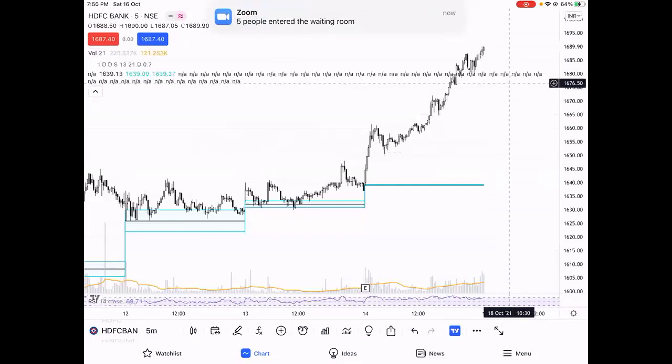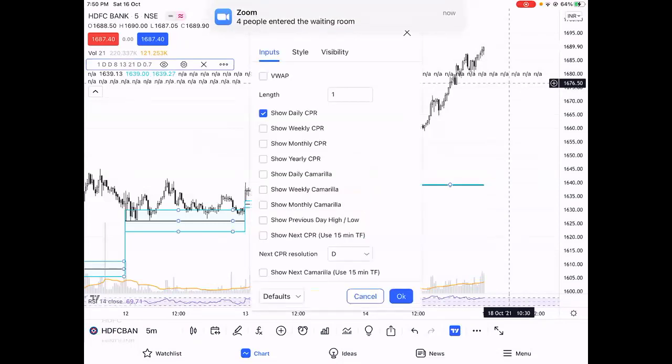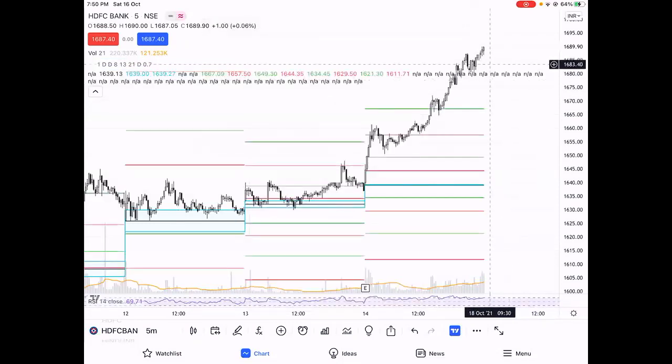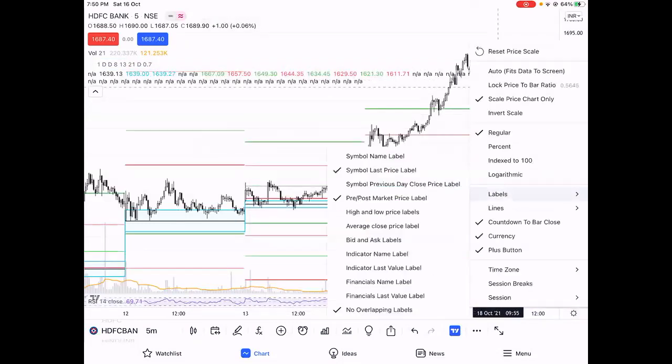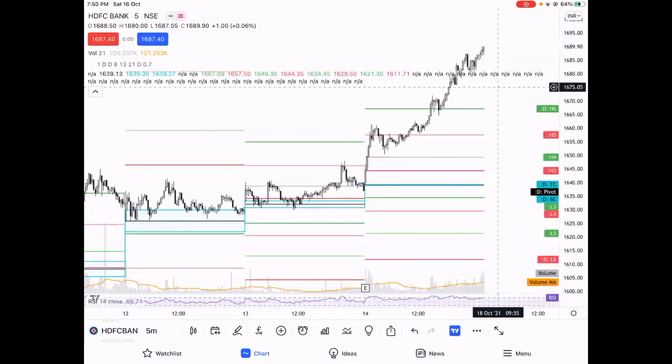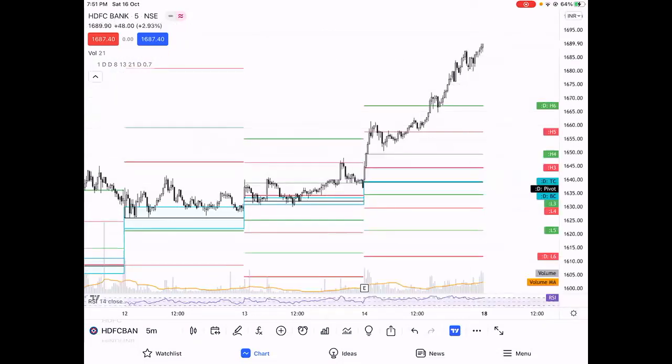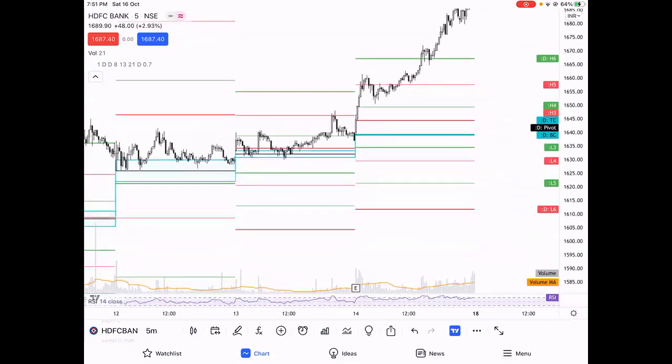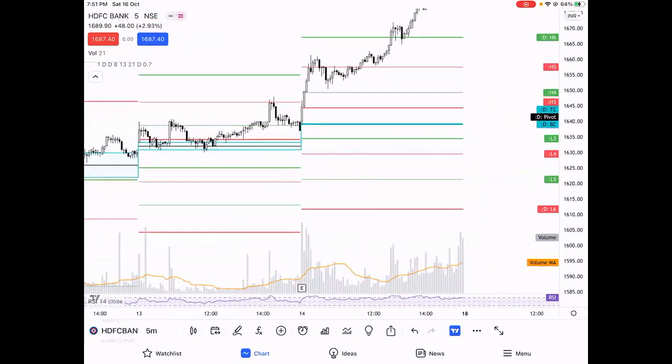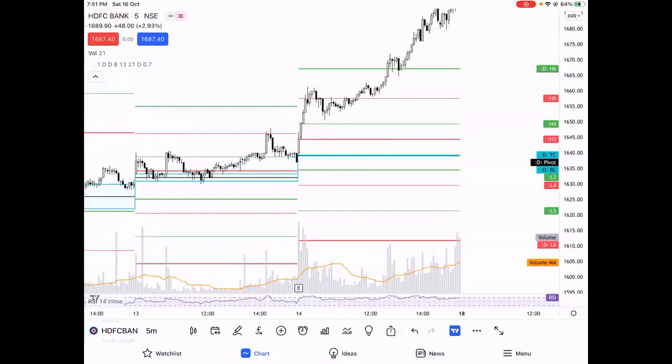So let us go by the basic first. So let me switch on the Camarilla here. Okay. So now you can see Camarilla points here with labels too, right?